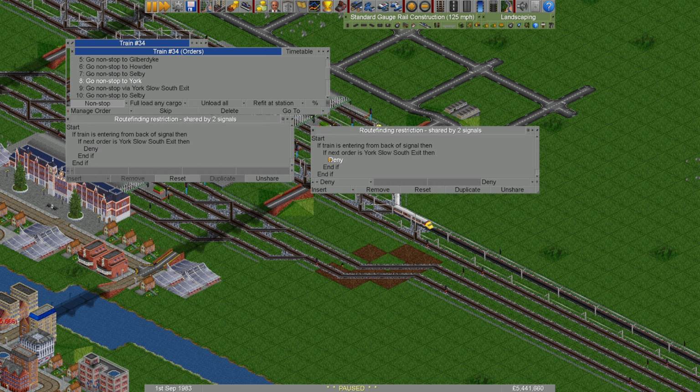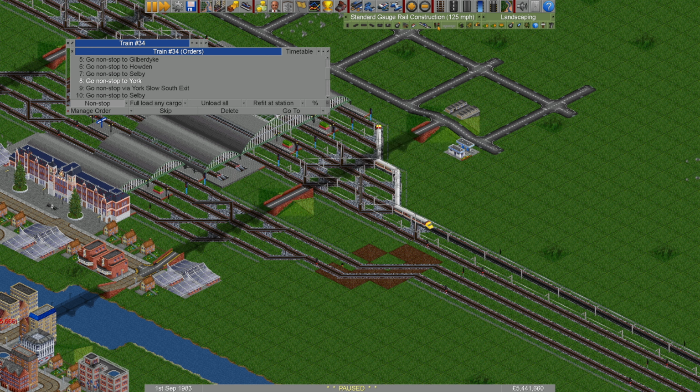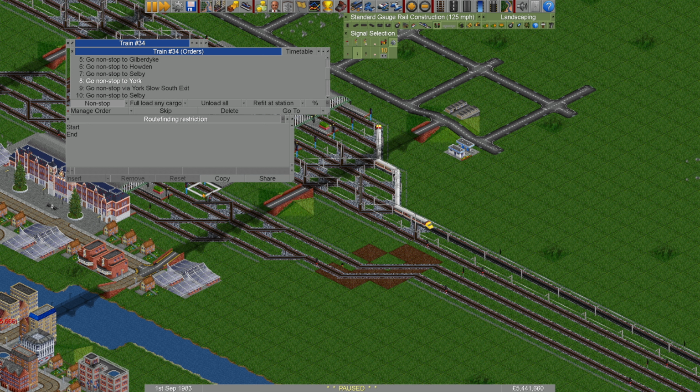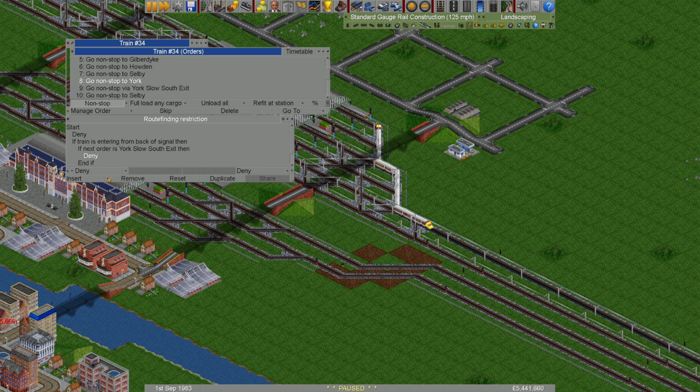We'll share them because they'll end up having the same orders. And then when we get to here, just to be safe, what we'll do is copy that, and we can insert in here, deny. And then we can allow. Just like the opposite. Okay.